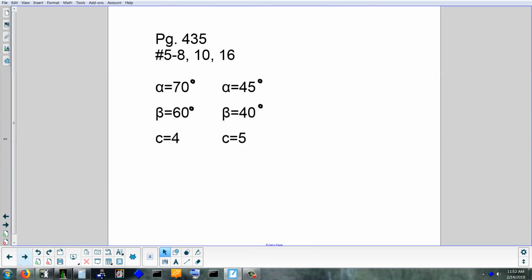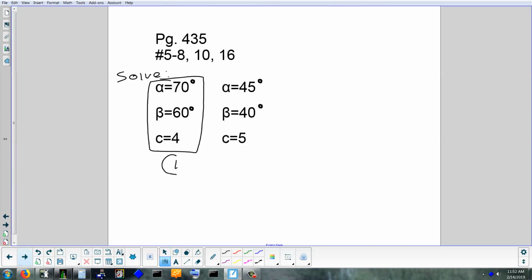Alright, so homework tonight is 5 through 8 in the book, 10 and 16, that's in the book, and solve these 2 problems. That's the first one. That's the second one.